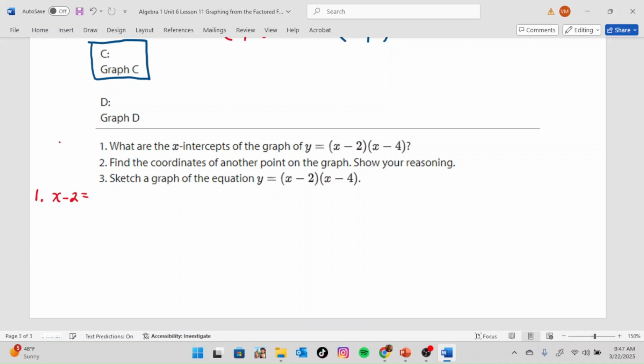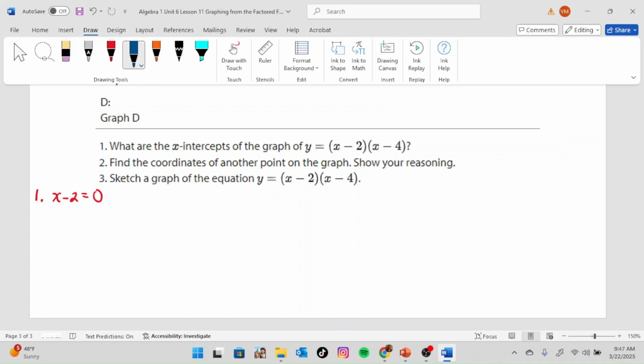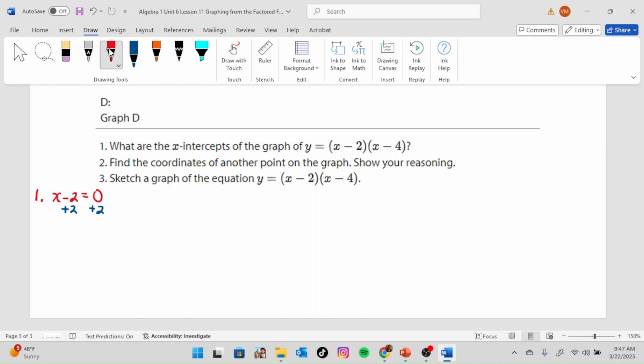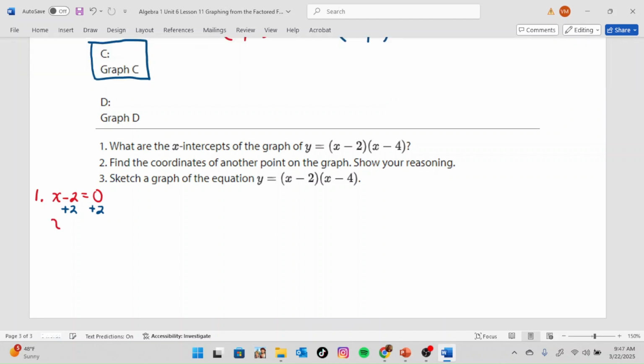So we have x minus 2 equals 0. We add 2 to both sides, and we get x equals 2. So we have an x-intercept at the point (2, 0).